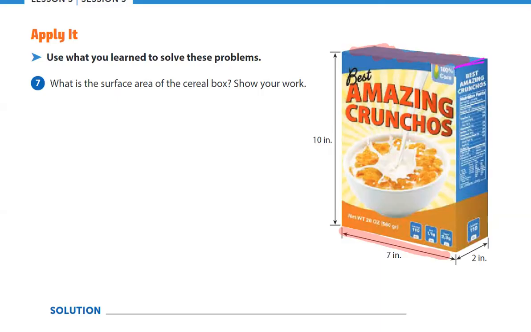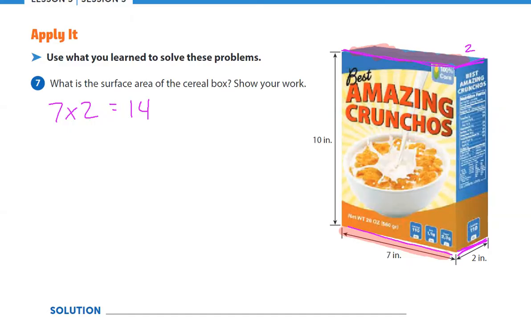And I know it's 2 inches because the corresponding side down here is 2 inches. So that's 2. This is 7. And I know that because the corresponding side down here is 7. So the top and bottom are both 7 by 2, which is 14. But remember, there are 2 of them.